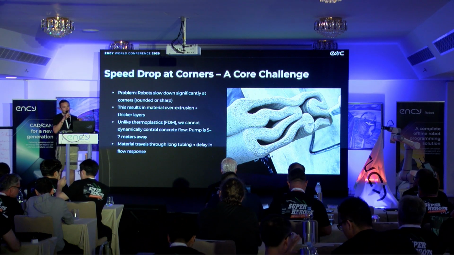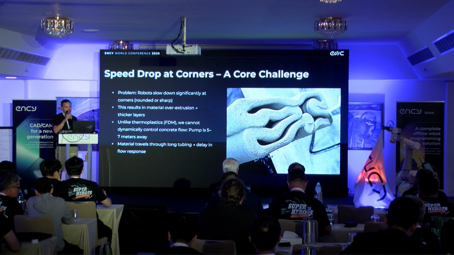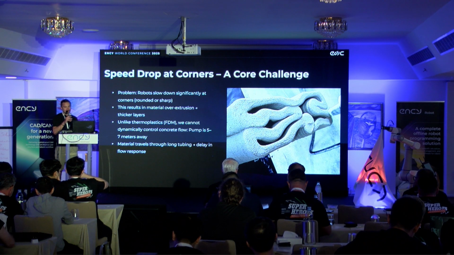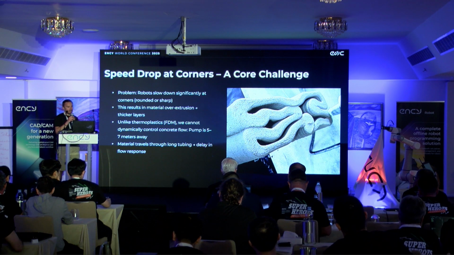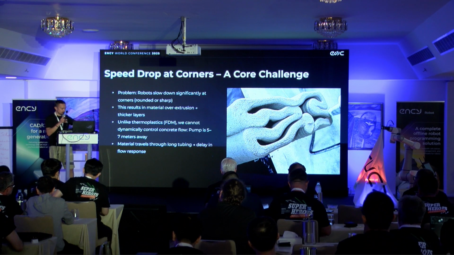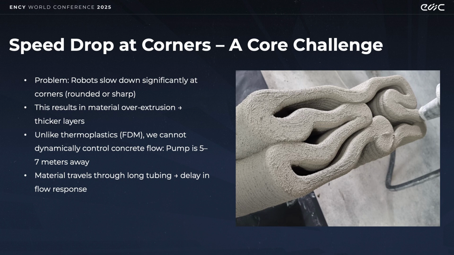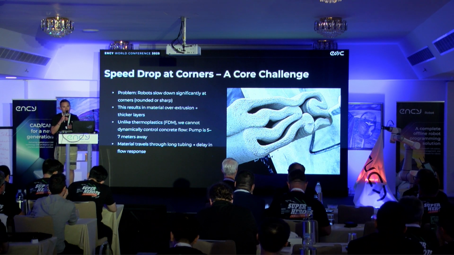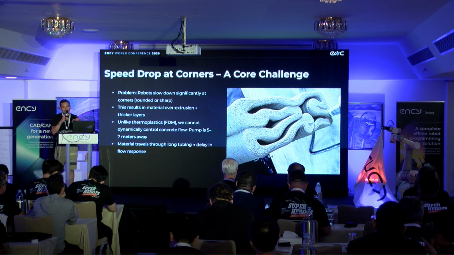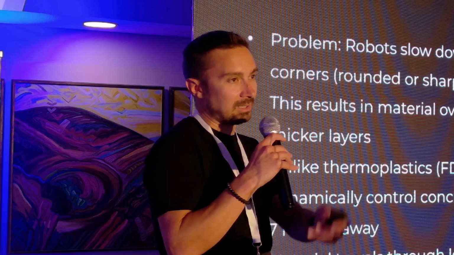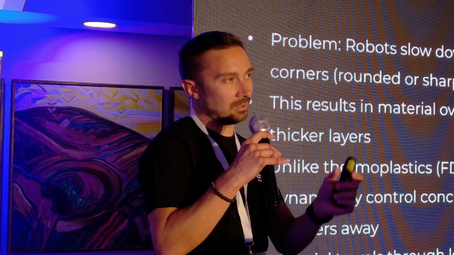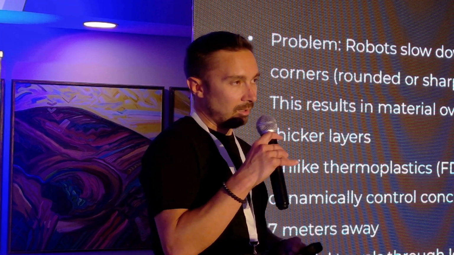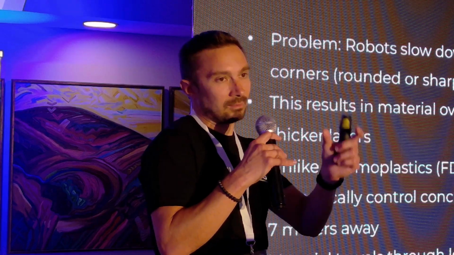And the main issue, which is not totally fixed at this moment, is speed drop at the corners. It is our core challenge which we faced, because the robot brakes at the corners to be able to make this movement. And when it brakes, as I said before, the thickness of the layer becomes bigger.